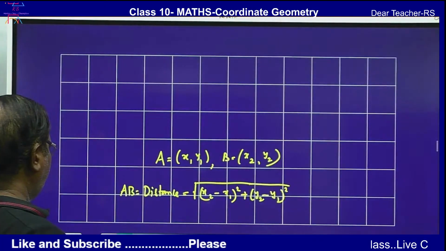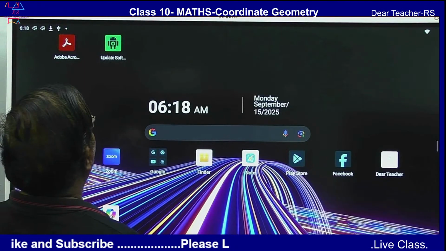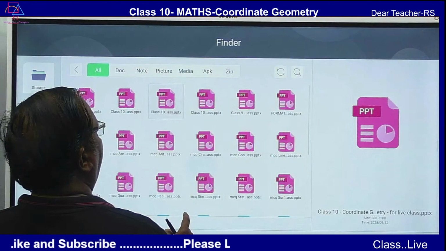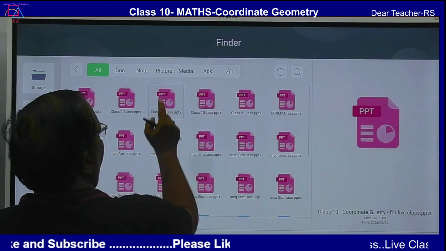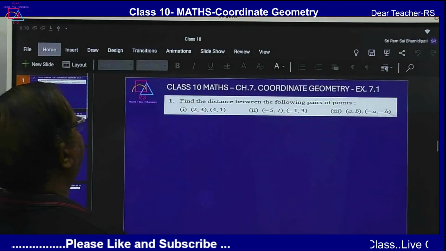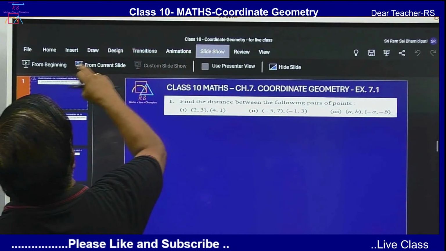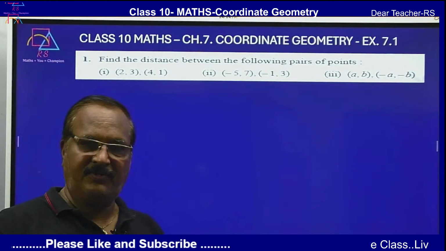Depending on this, we are going to do the problems. Okay, first exercise. This is the first exercise of coordinate geometry.